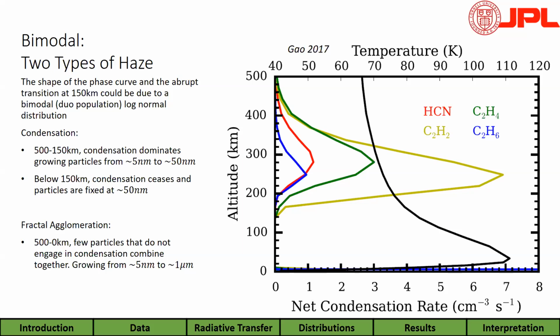You have a second population of particles which continually grows all the way from 500 kilometers through 0 kilometers through fractal agglomeration. These never condense out together, and they just continually grow. After they get below that 150 kilometers, that becomes the dominant scattering population, and that's what produces our very large scatterers right at the end.